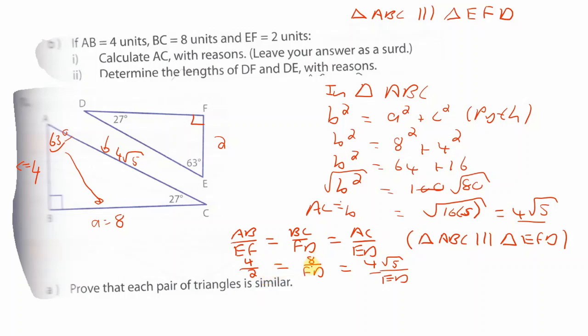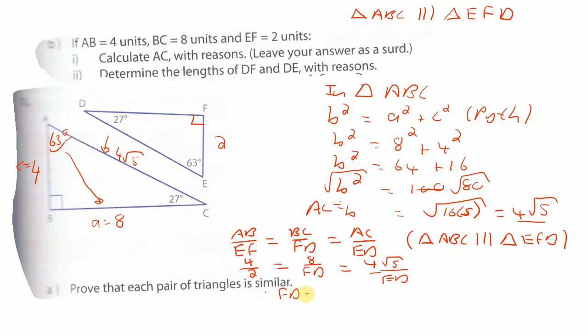So therefore FD must be half of the size of BC. So therefore, if BC is 8, then FD will have to be 4.